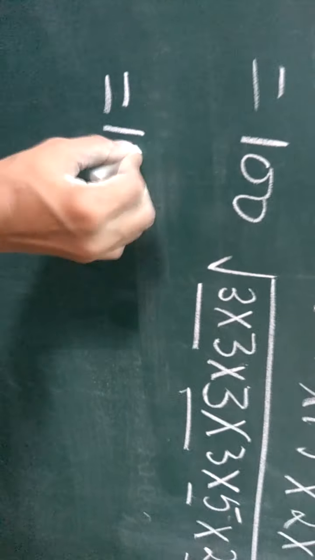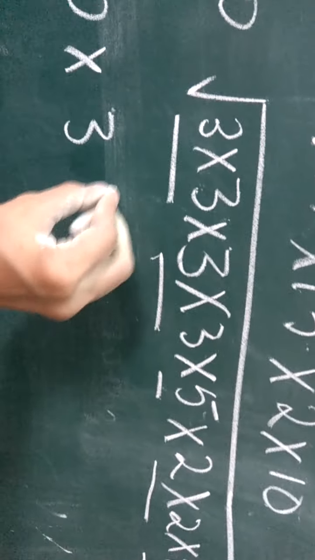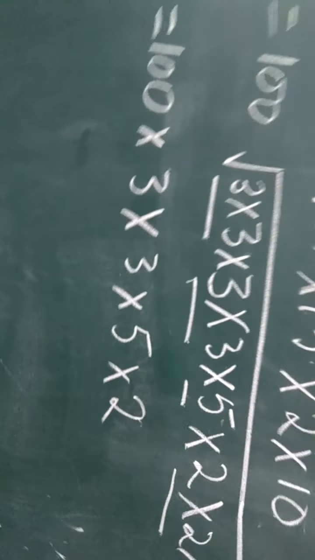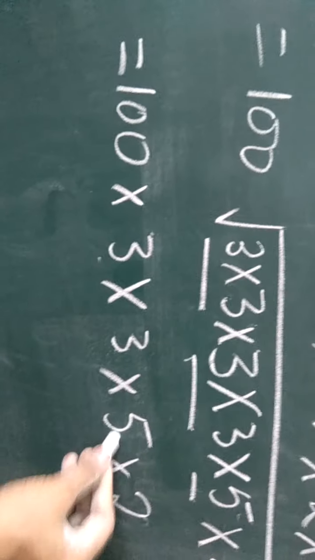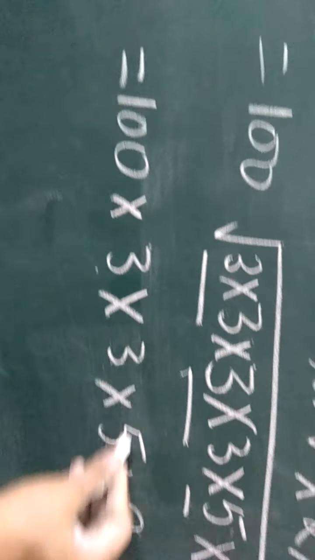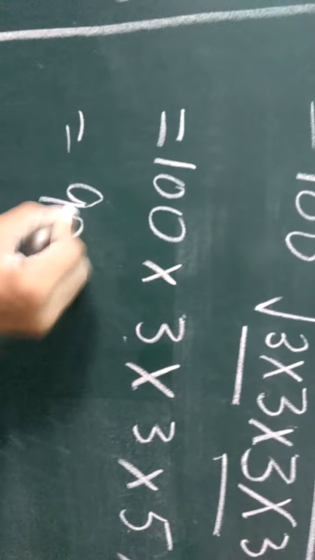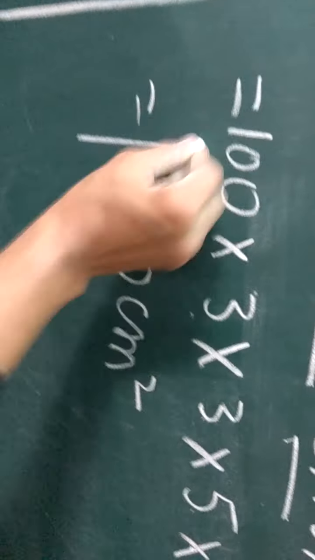So let us take out the representative number from every pair: a 3 from here, a 3 from here, a 5 from here, a 2 from here. So let us solve them. 3 3s are 9, 5 2s are 10, 9 into 10 into 100, you will get 9000 centimeters square. So this is the area of this triangle.